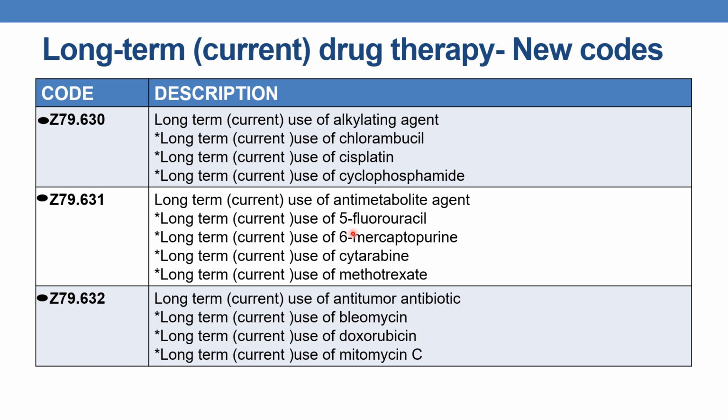The long-term use of 5-fluorouracil or 6-mercaptopurine, or long-term use of cytarabine, or long-term use of methotrexate. The code is Z79.631. The next is Z79.632, long-term use of anti-tumor antibiotic. For example, bleomycin, doxorubicin, mitomycin C. Whenever the physician documents long-term current use of any of these drugs, the code is Z79.632.